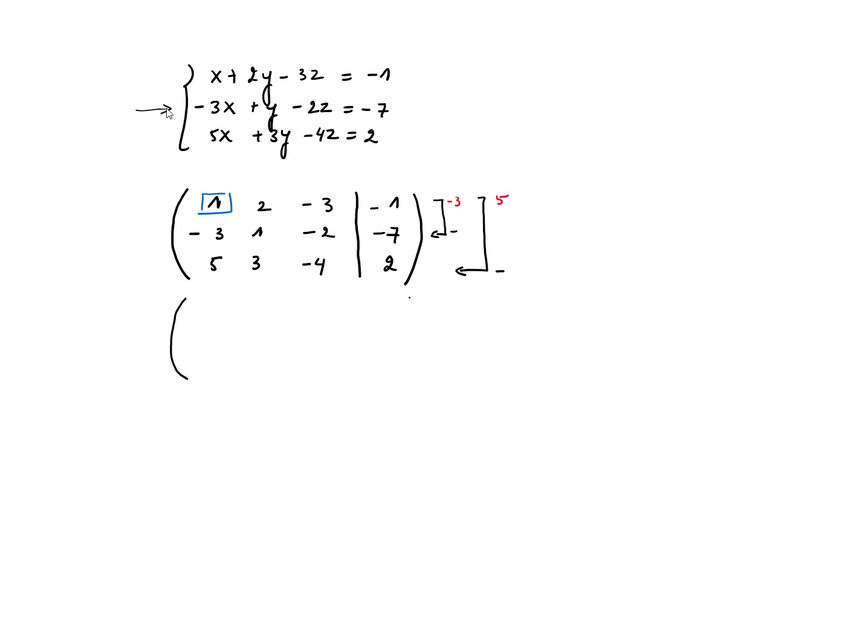next augmented matrix. Of course, the first line remains the same. We're going to produce zeros over here, and if we do the calculations, we'll have a 7 over here, a minus 11 over here, and a minus 10 over here.